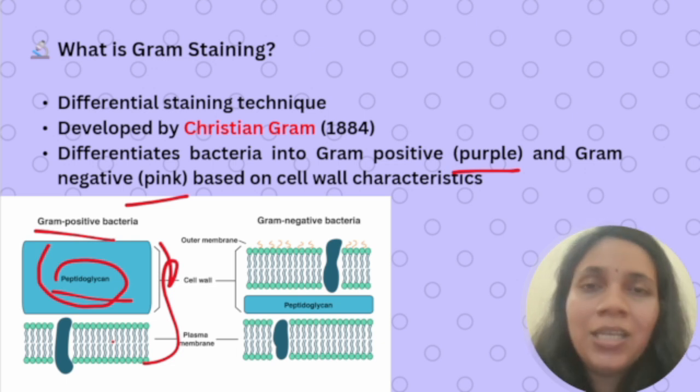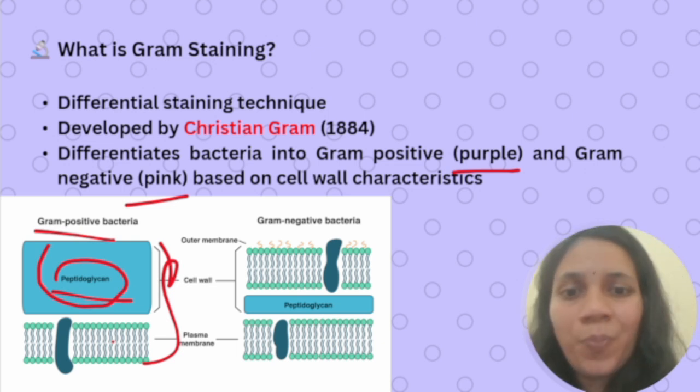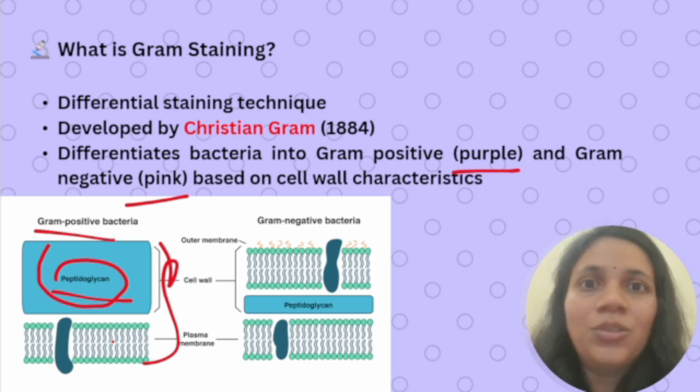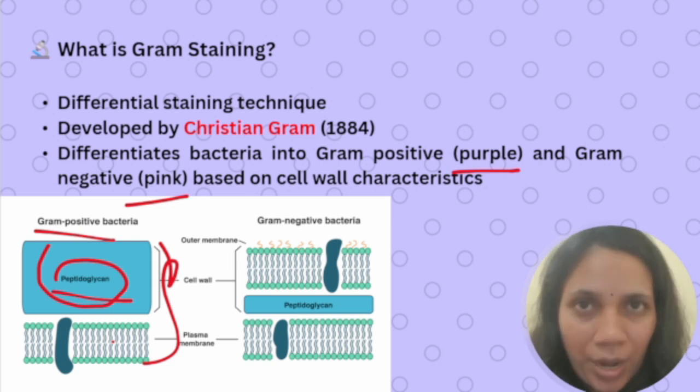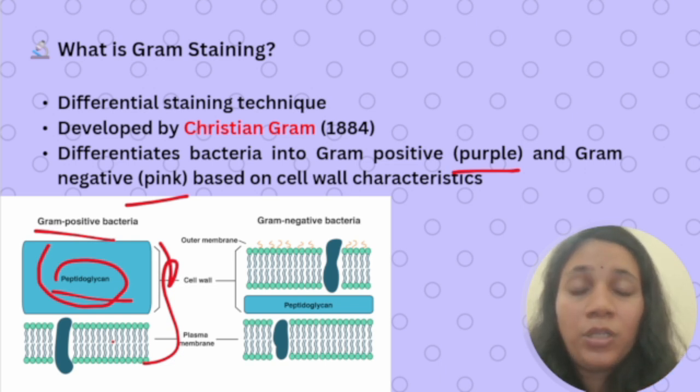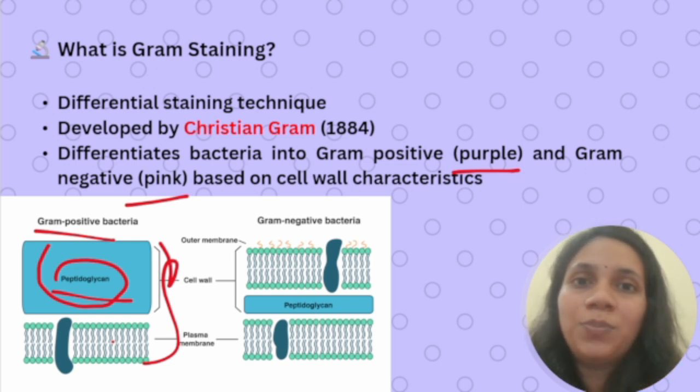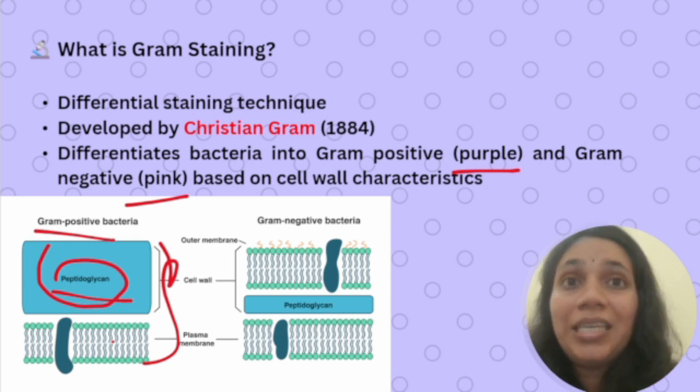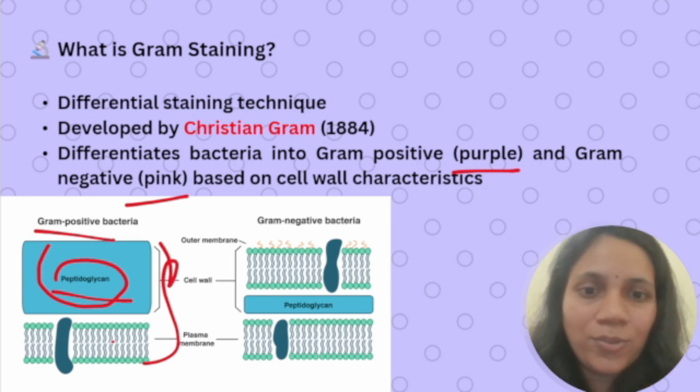So the difference in appearance, either pink or purple, is linked to the thickness of the peptidoglycan layer. Because it is thick in gram positive bacteria, it is going to retain the complex between crystal violet and Gram's iodine, hence it is seen as purple cells under the microscope.